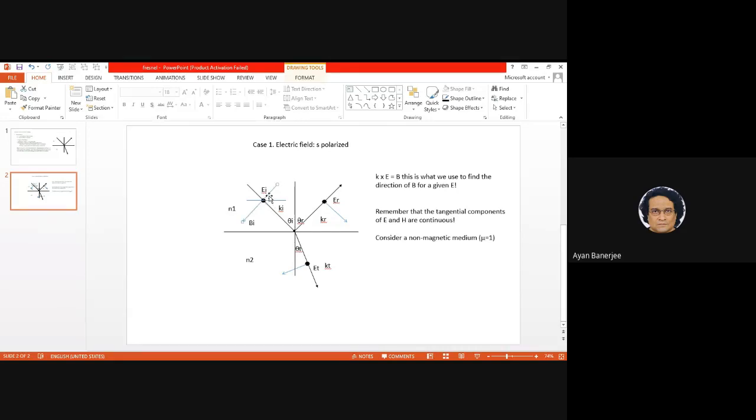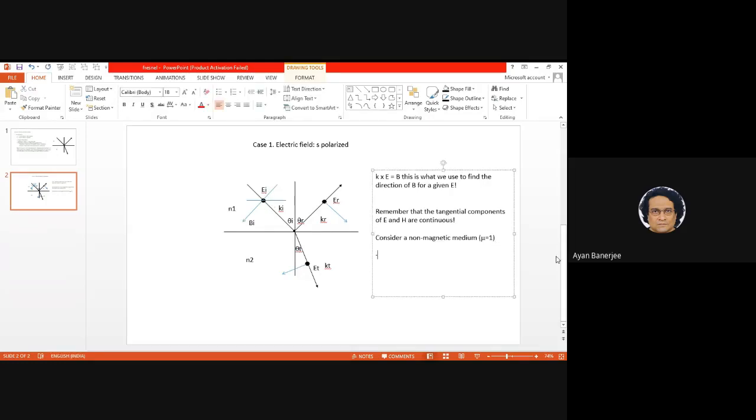What is this angle? If this is theta, very obviously theta, right? Because this is 90 minus theta, and this whole thing is 90, so this is theta. Very simple.